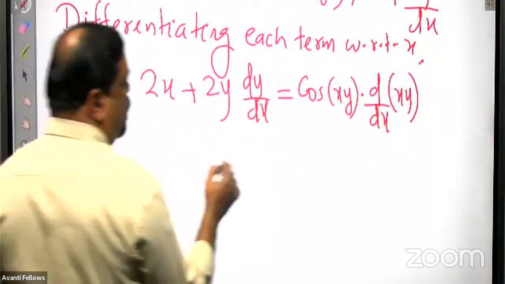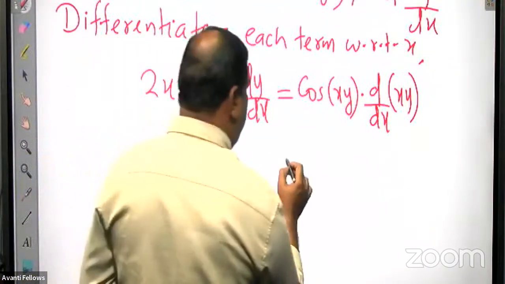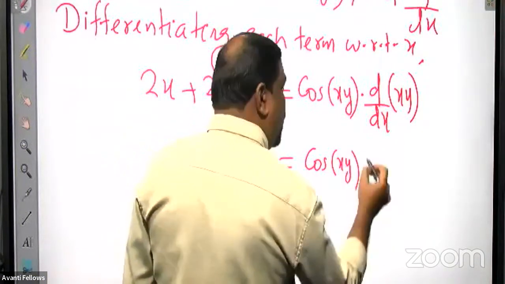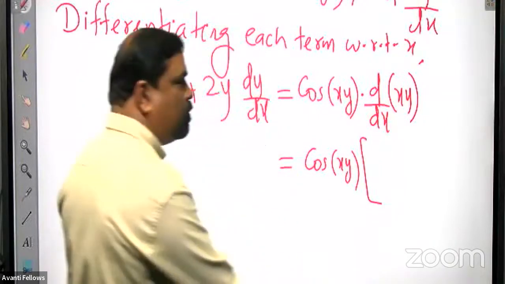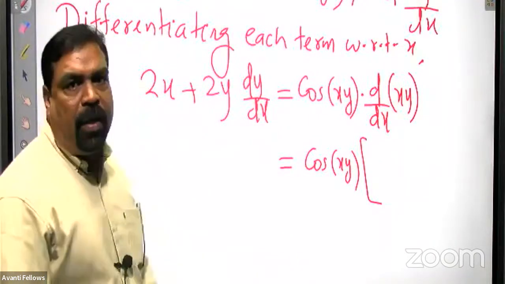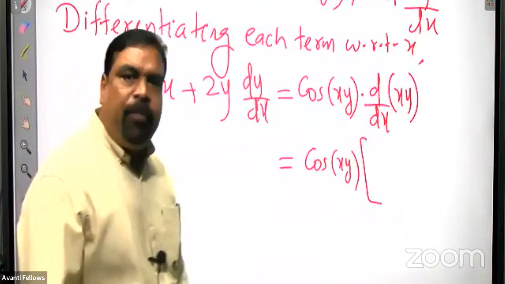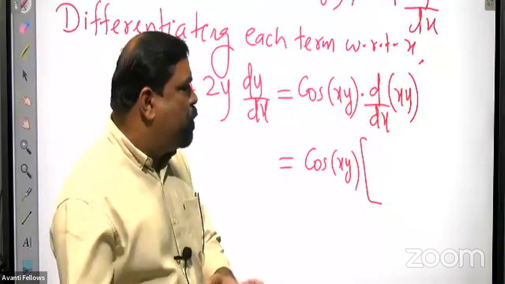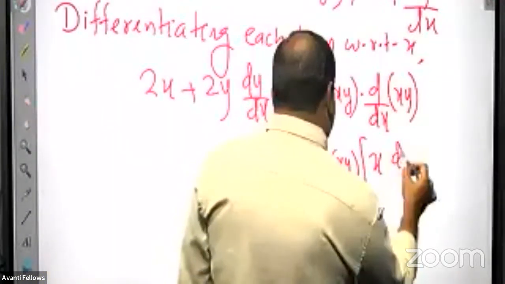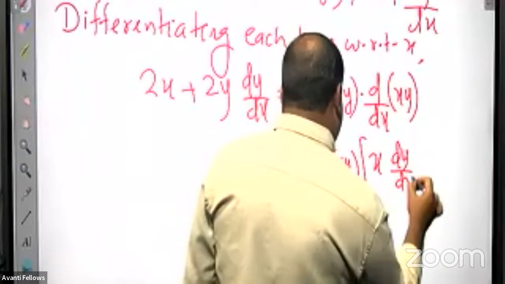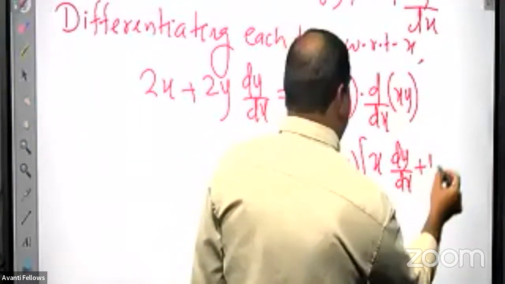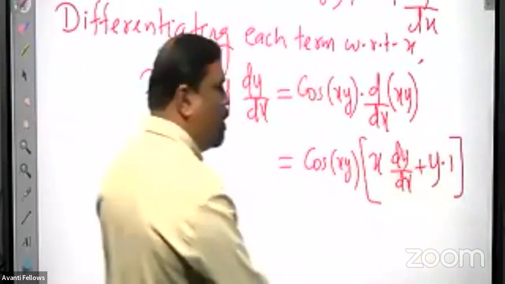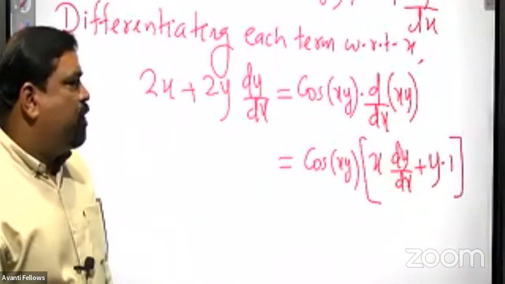The left side is okay; only the right side we have to modify further. What is d by dx of xy? Again apply the product rule. x into y is a product of two functions, so x into dy by dx plus y into 1, since the derivative of x is 1. So d by dx of xy is x dy by dx plus y.